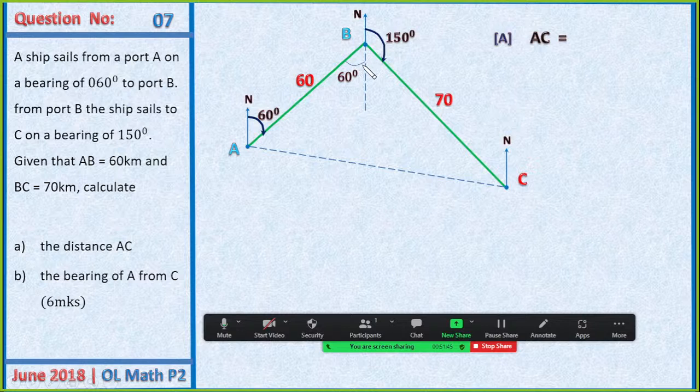Now the total angle on the right side of the line is supposed to be 180 degrees. This first part is already 150, so what is left to make it 180 is 30. Now we see that this is a right angle triangle. Since this is a right angle triangle, you can calculate our AC. Our AC now becomes the hypotenuse.